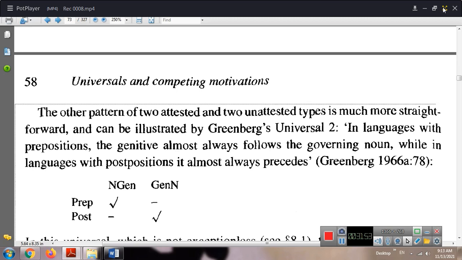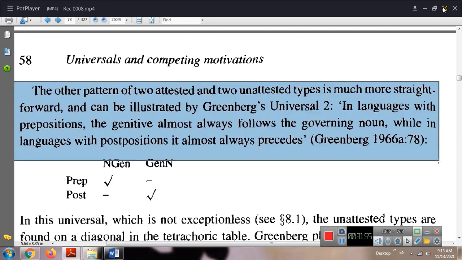Okay, it is another implicational universal of Greenberg, number 2. In languages with prepositions, the genitive almost always follows the governing noun, while in languages with postpositions, it almost always precedes.